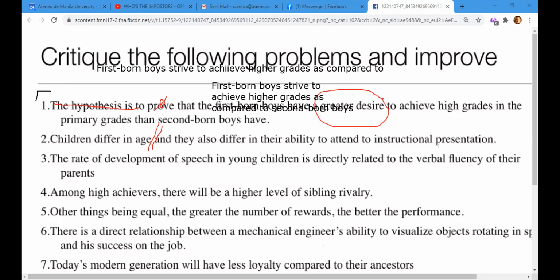So, number 2 wants to say there is a difference in the ability to attend to instructional presentation among age groups in different ages. Oh, that's a good one, RM, like the age groups one.